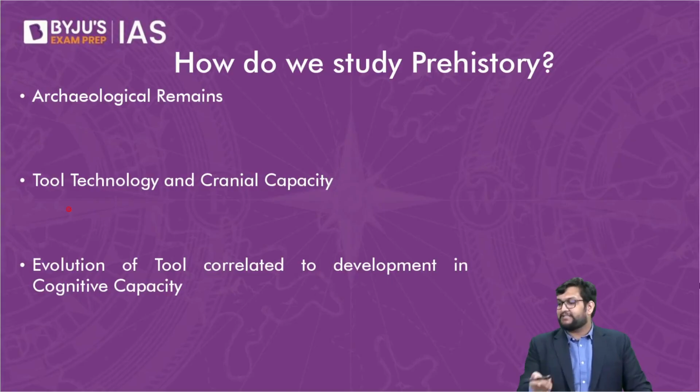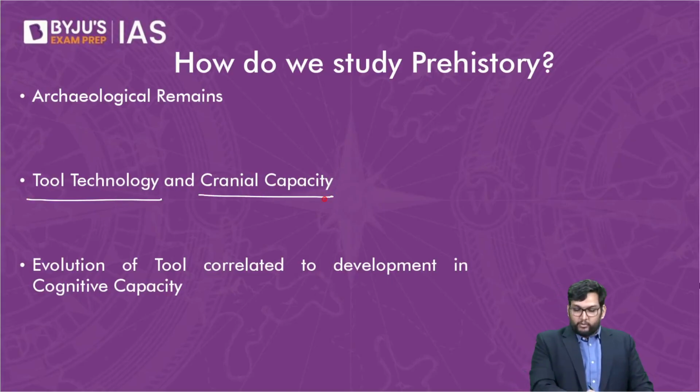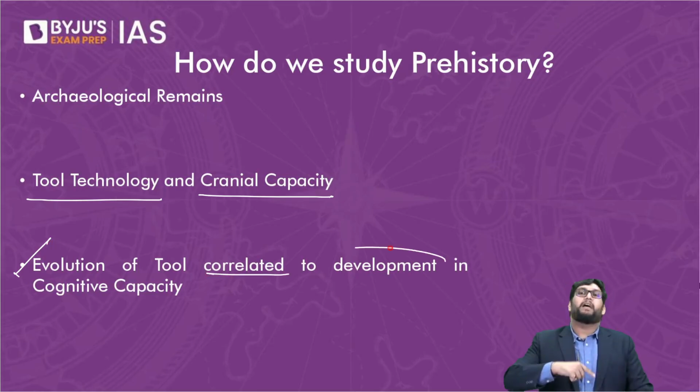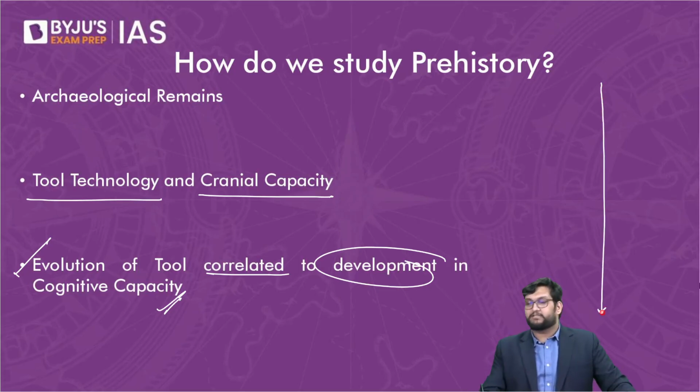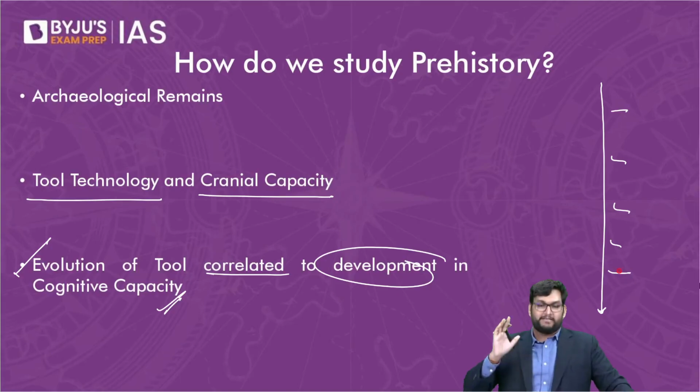So technology and cranial capacity has a relationship. Evolution of tools correlates with development in cognitive ability, and therefore we can map the history of humans by understanding tools itself. Very simply, I could have just come and said to you within the first 10 minutes.